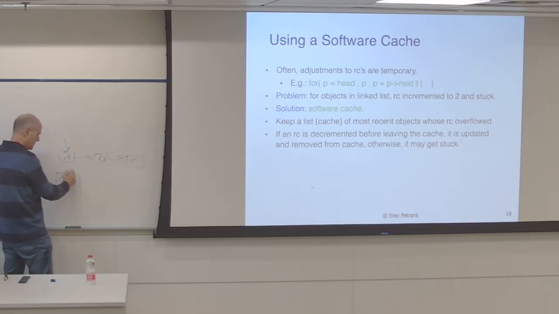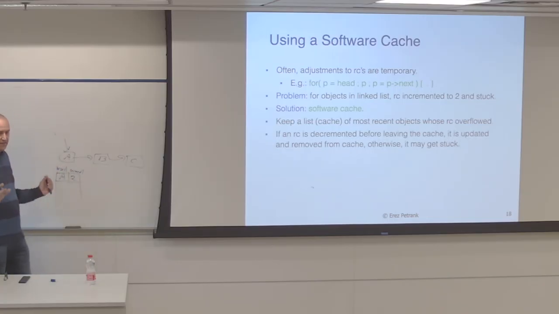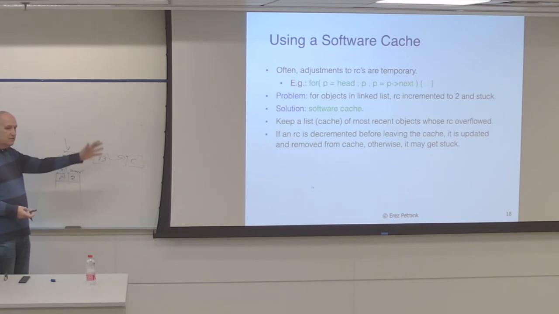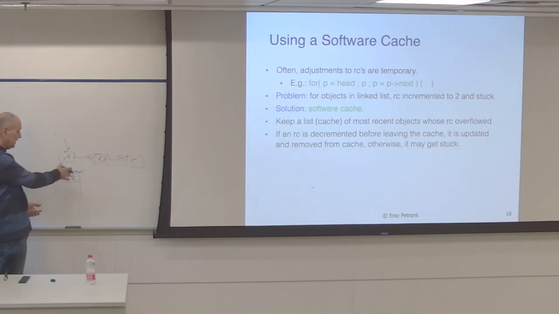Here I have space, like this is a word of the reference count, this is a word for the address. I don't have limitations because I'm keeping just a small table. And this is my cache. And so A could be incremented a lot, decremented a lot. But if it goes down to 1 again, I can take it out of the cache and say it's not overflowed.